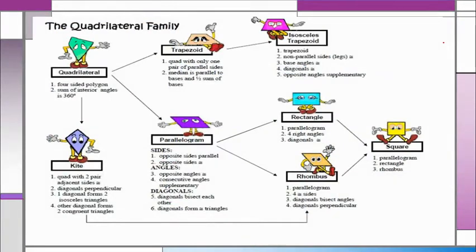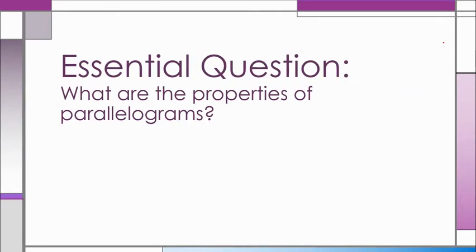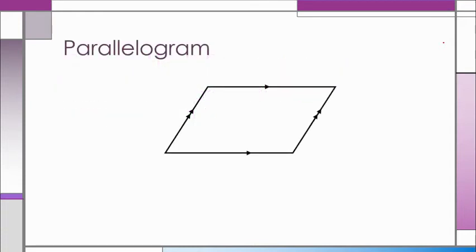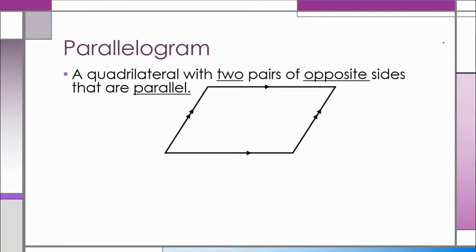So this is what your handout should look like, and you should have filled in the properties as we went along. We're going to take a look more closely at the properties of parallelograms and how to solve the problems. So a parallelogram is a quadrilateral with two pairs of opposite sides that are parallel.